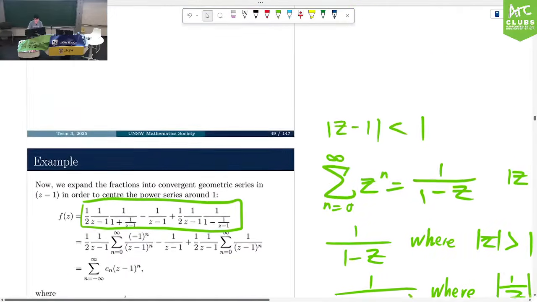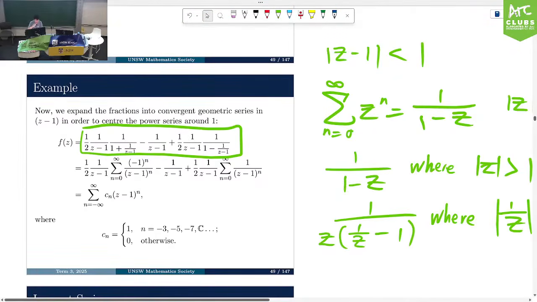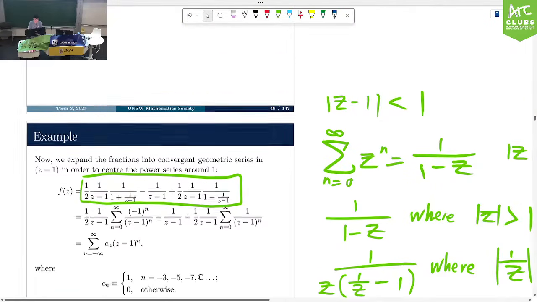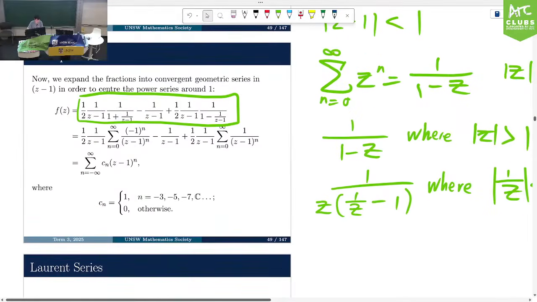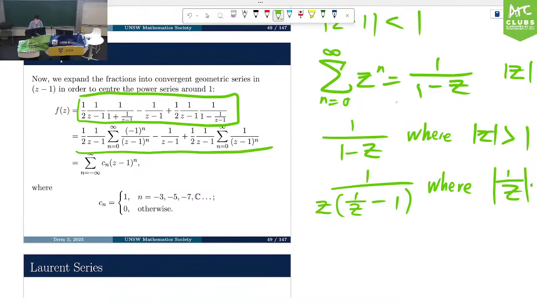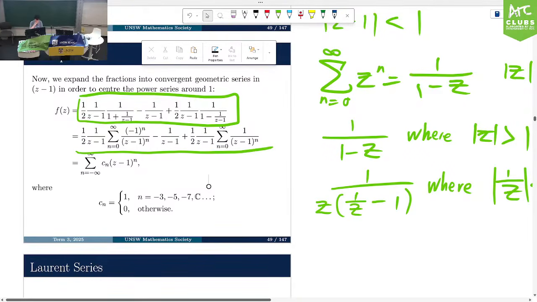The most important thing, when we're summing a GP, is to make sure it converges in the domain we're interested in. In this case, it's |z minus 1| greater than 1. So we have three GPs over here. The only nice thing is 1 on z minus 1, which is already in the power of z minus 1.